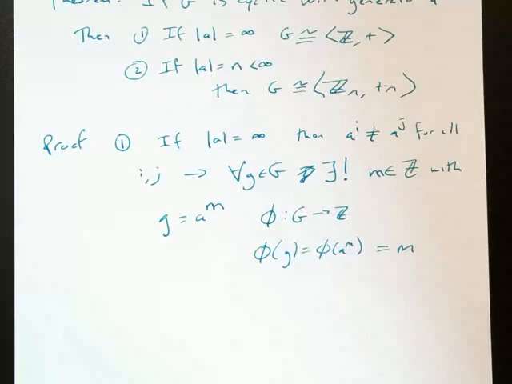Since this number is unique for every element of the group, this is a one-to-one function. Since it's from A to whatever power all the way out to infinity, it must be onto. It's got to hit 0 because there's an identity, right? The identity has to go to the identity. We're doing great.